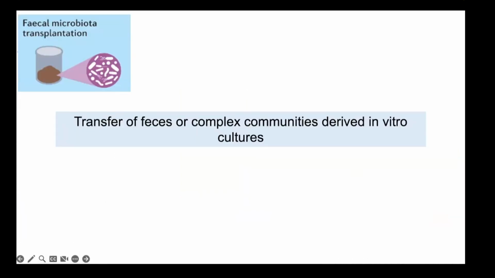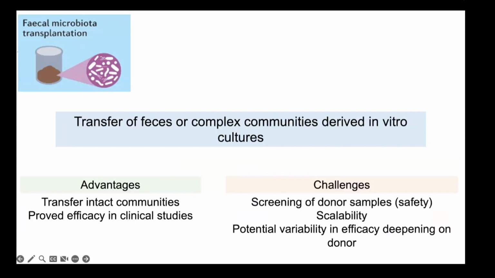Okay, so I think we've talked a lot about FMT and what it is. Just to summarize, it's the transfer of feces or complex communities, which can be derived in vitro. Some of the advantages are that whenever we do FMT, we're really transferring an intact community, a whole ecosystem.